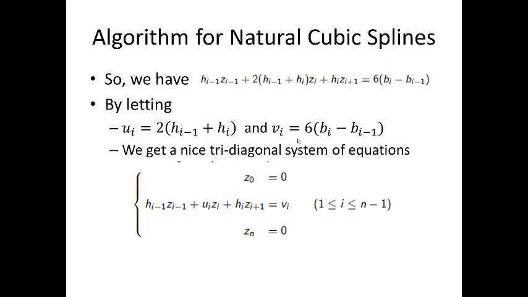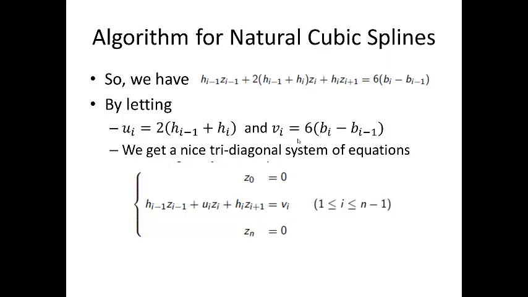We're going to see a different technique this time around though. Note that the simplicity of the first and last equation is a result of the natural cubic spline conditions: S double prime evaluated at t0 is equal to S double prime evaluated at t n is equal to 0. So z0 is 0 and z sub n is equal to 0.